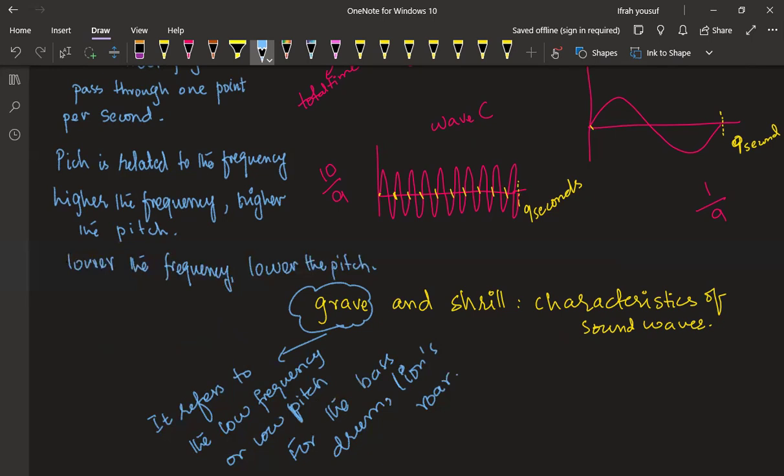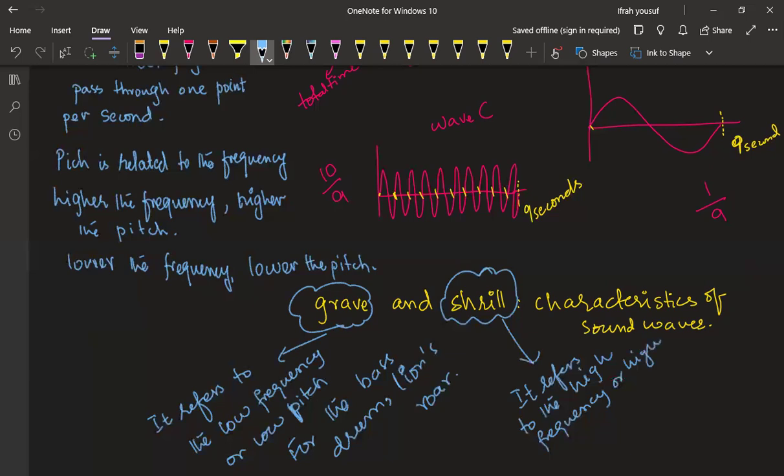और जो श्रिल साउंड होती है, दैट इज रिलेटेड टू व्हाट? It refers to the high frequency or high pitch.